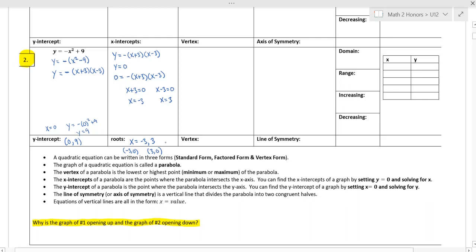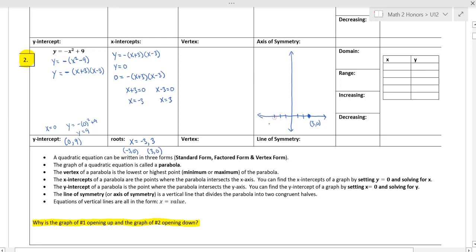I'm going to start graphing because we have 3 points already. We have our y-intercept and we have our two x-intercepts. So I put a point here at 3, 0.